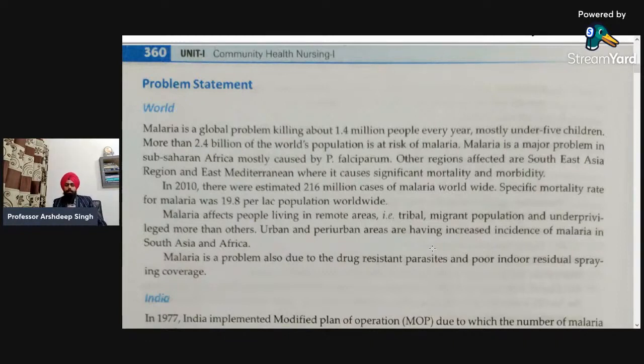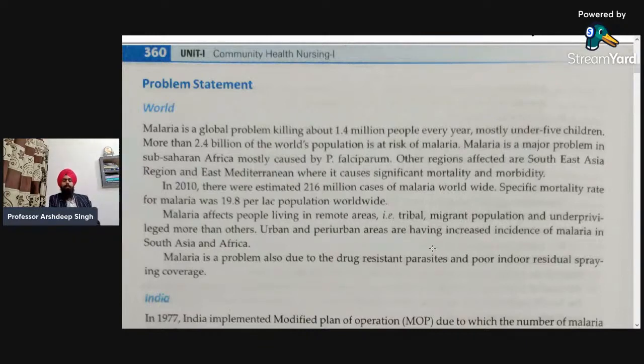What is the magnitude of this problem at world level? Here are some statistics. Malaria is a global problem, killing about 1.4 million people every year. That is an average statistic of the death rate at the world level.